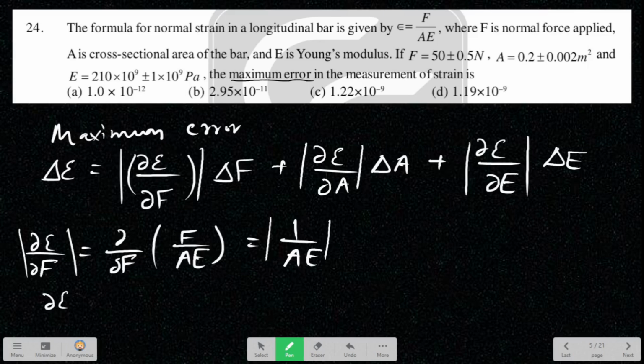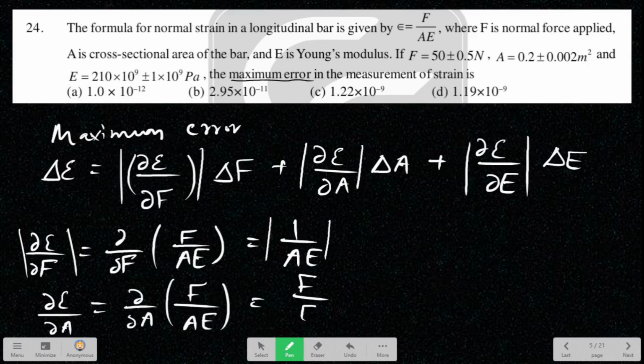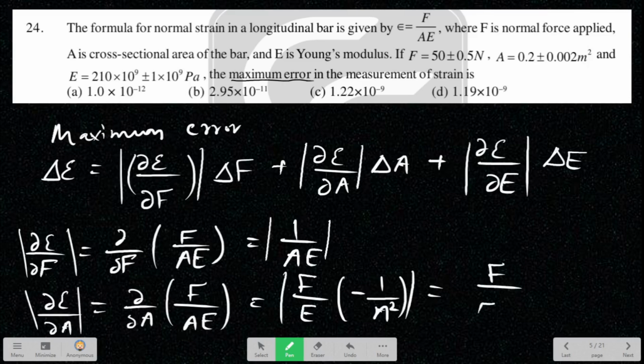Similarly, if you calculate del epsilon upon del A, you will get del by del A of F divided by AE. So this is equal to F by E into minus 1 divided by A square. Take modulus. This will be equal to F divided by EA square.